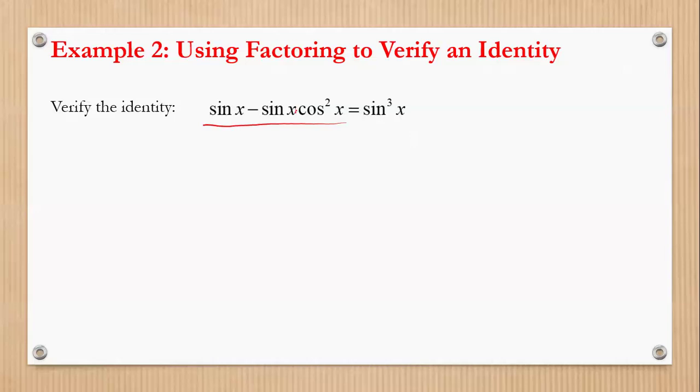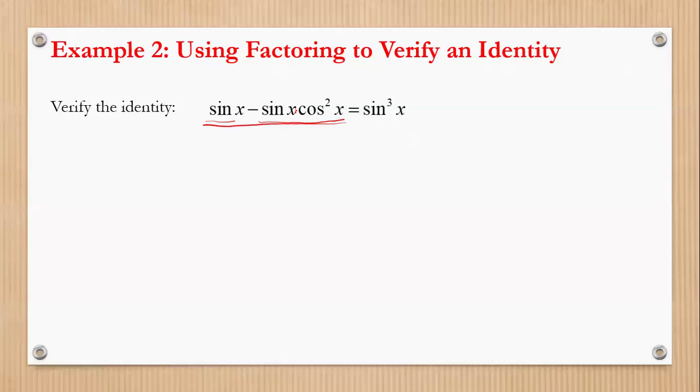I see a negative, which means I have two terms, one term, two terms. And I see sine is a common term between these two terms. And every time you see a common term, you can factor out that common term. So I can factor out the sine x on the left side.